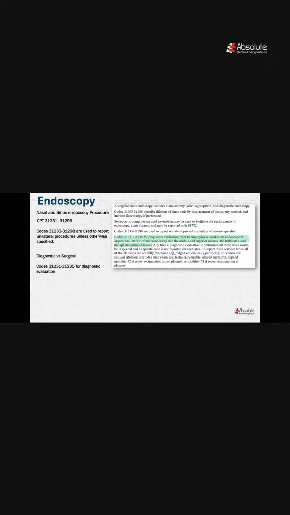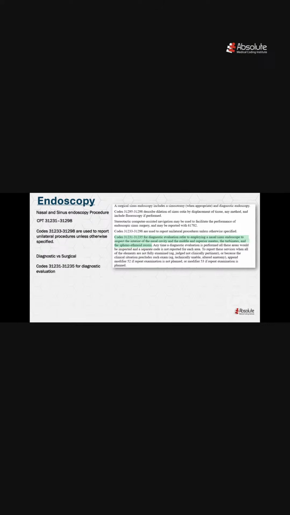And what if all of these areas cannot be fully examined? Here also CPT gives us clear guidance. If the exam is limited and a repeat exam is not planned, you would append modifier 52. And if the exam is discontinued and a repeat exam is planned, then you will report modifier 53.